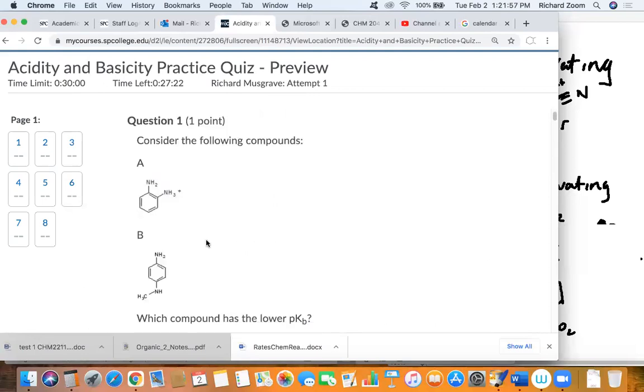Is it safe to say that, I think I might have asked this already, but I just want to ask it again, that a deactivating group is going to make the original thing more acidic or less basic? Both of those things are true. It's going to move it towards acidity, a deactivating group, no matter what it is. All I can say is a deactivating group will make something less basic, and it will make the conjugate acid more acidic.